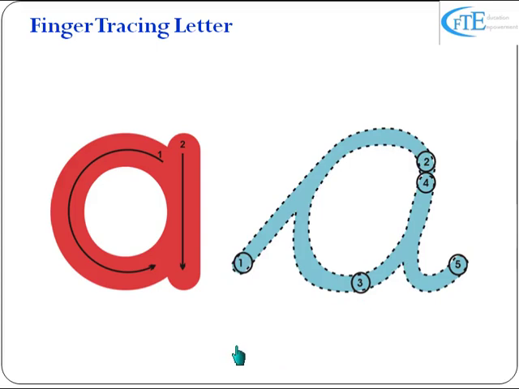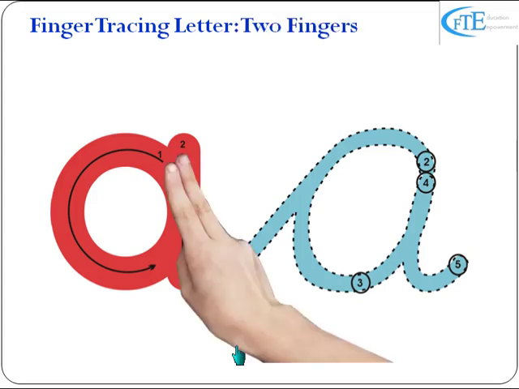So, finger tracing the letter has to be done by the child before the child writes the letter. And again, get the child to use two fingers, because when writing, we make use of the thumb, the index finger, and the middle finger.